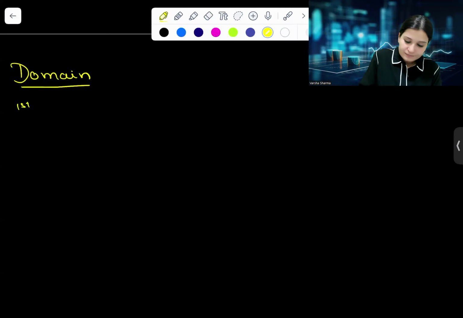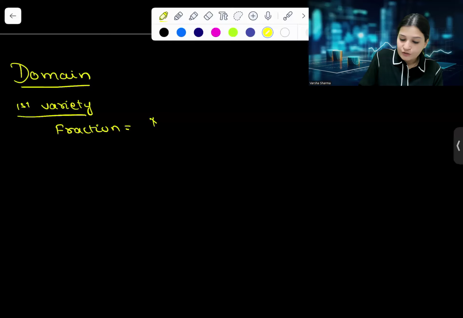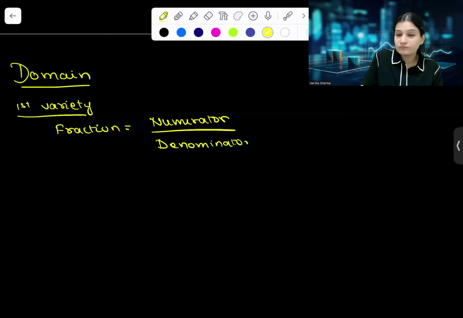First variety: if it is a fraction, numerator upon denominator, then what is not allowed? The denominator should not be 0.